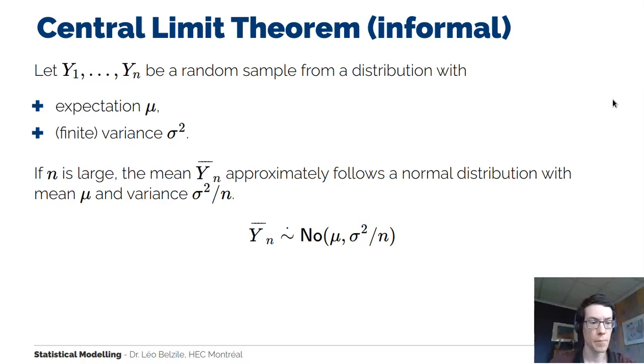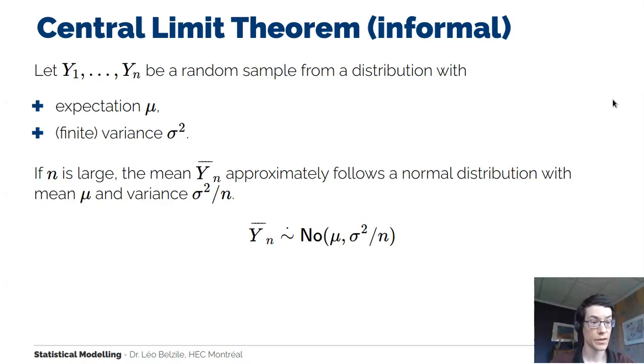Basically, we consider a sample of n observations from some population with a distribution which has a mean, an expectation of mu, and a variance which we assume is finite and is labeled sigma square. So what the central limit theorem tells us is that the sampling distribution of the sample mean Y bar n is approximately normal, is going to be centered at the expectation of the population, and its variance is going to be smaller than that of an individual observation.